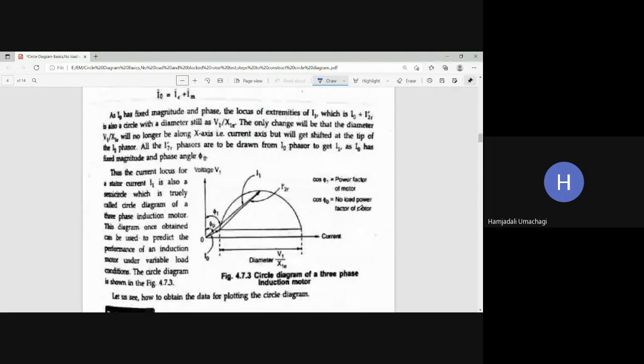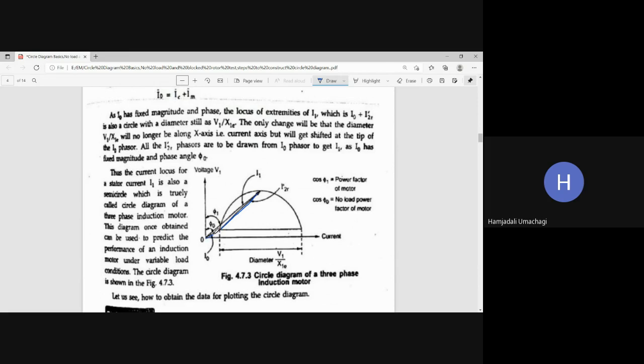Okay, so now if I want to represent the stator current I1, I1 is the vector sum of I naught plus I dash 2R. This I dash 2R, which was earlier starting from the origin at x equal to 0 on the x-axis, is now starting from the tip of I naught.